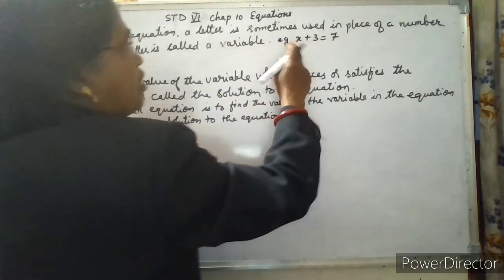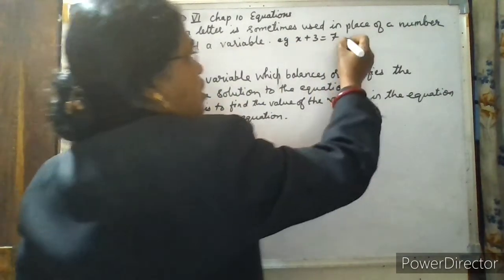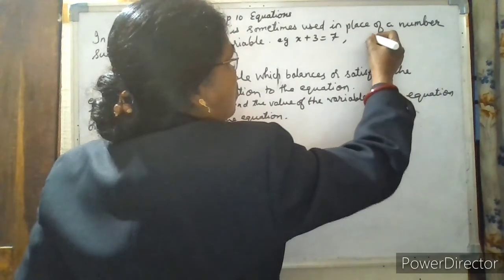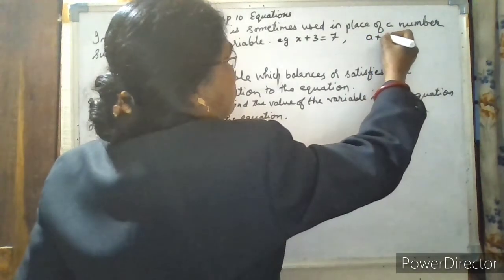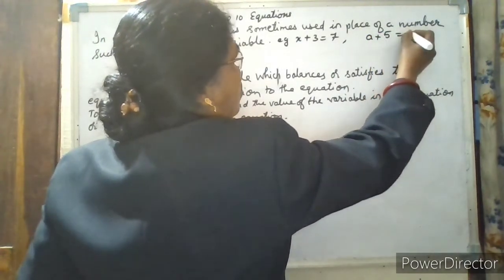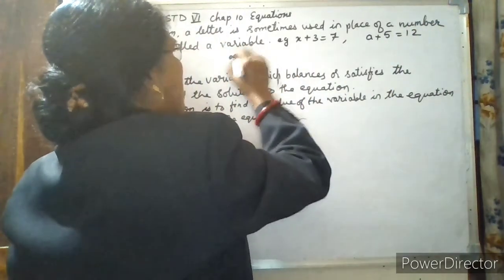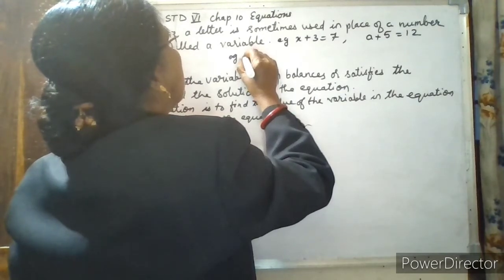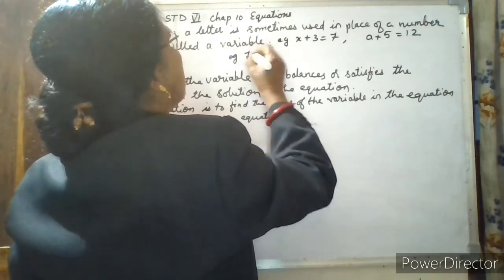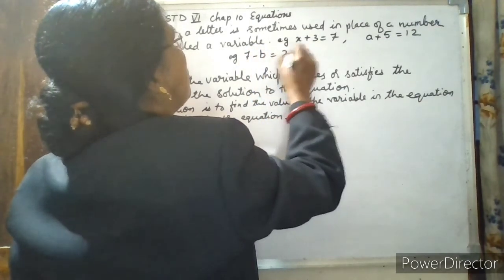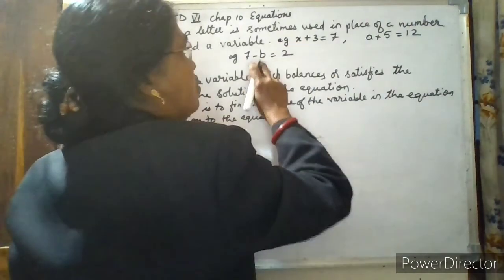So x is the variable here. Second example, suppose a plus 5 is equal to 12, or for example 7 minus b equal to 2. So b is a variable.